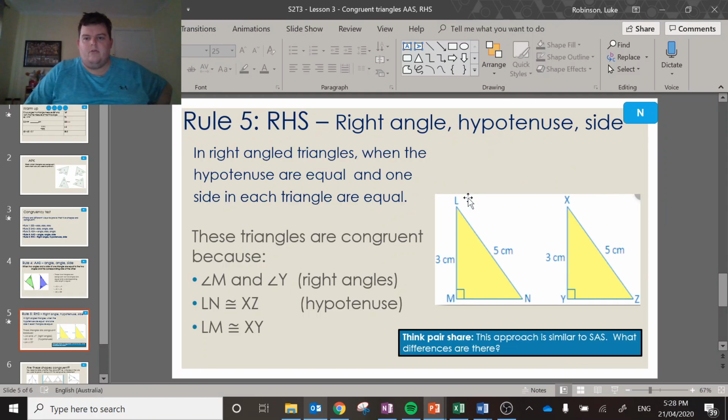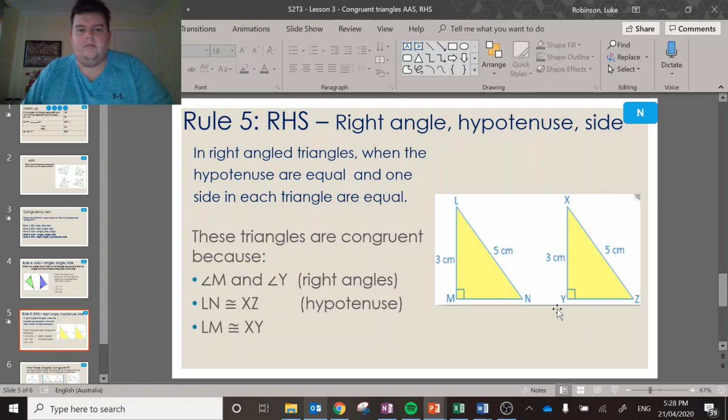Next one, right angle hypotenuse side. Now this one's probably new. You probably haven't seen this before. Let me get rid of that now because we're not doing that. Right? So right angle triangles, if they're both a right angle, meaning that there's a little box in one of the corners to say that this angle is 90 degrees, the hypotenuse, which is the longest side of the triangle, and as a bonus is always opposite the right angle.